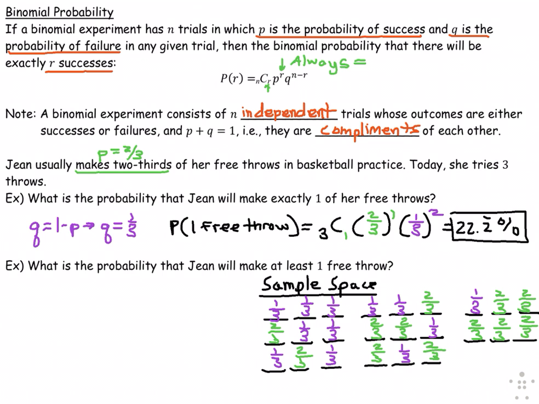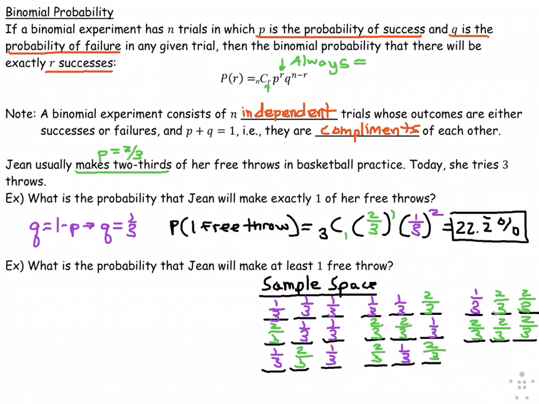Let's consider the question, what is the probability that Jean will make at least 1 free throw using this sample space to guide us? So here we find this, and all the way would answer this question.